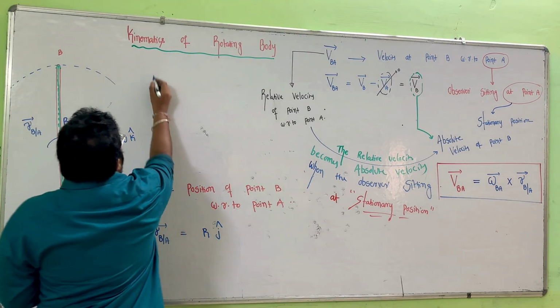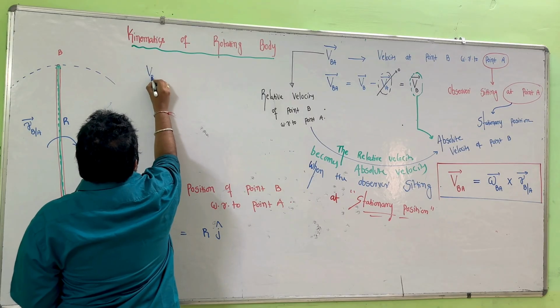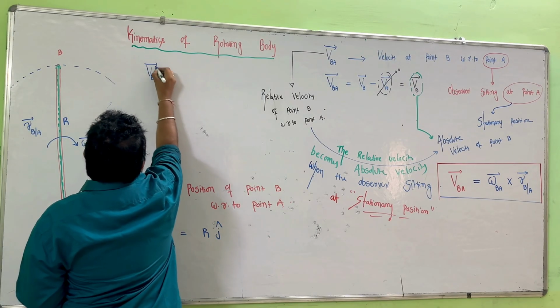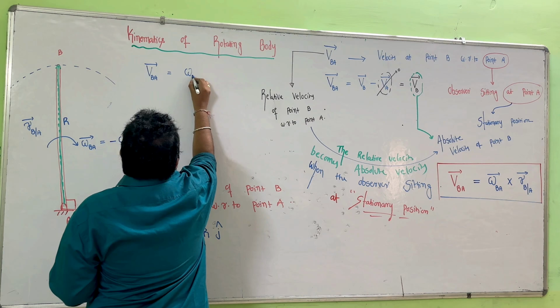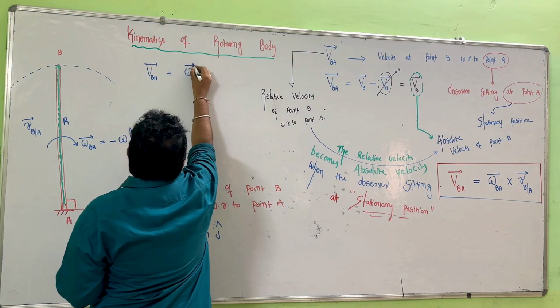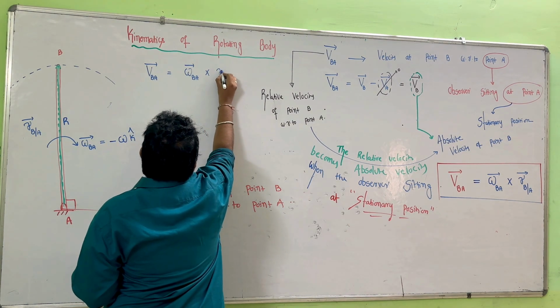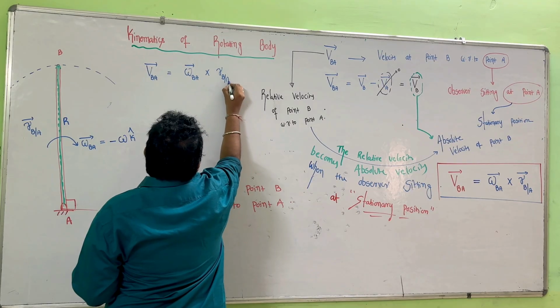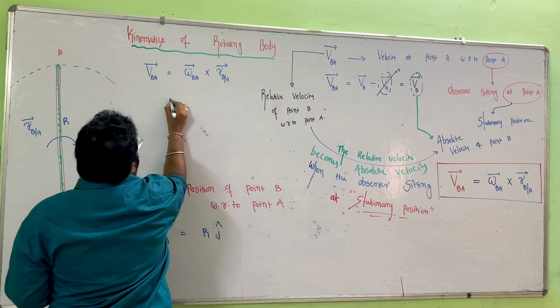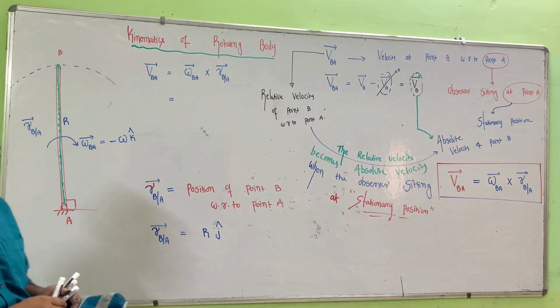Now tell me. Velocity at point B with respect to point A is defined as omega bar cross R bar. What you will get?